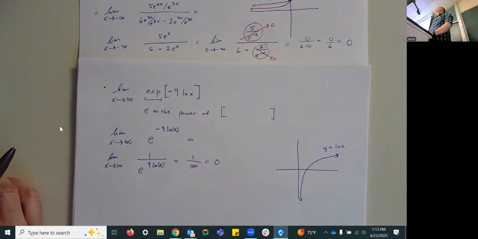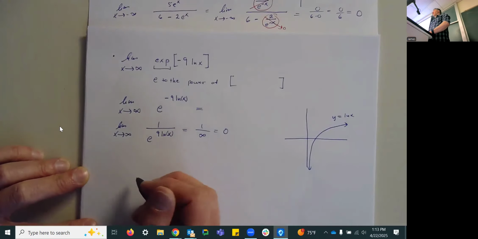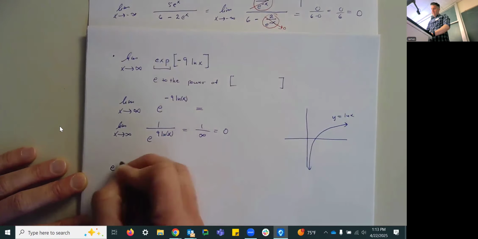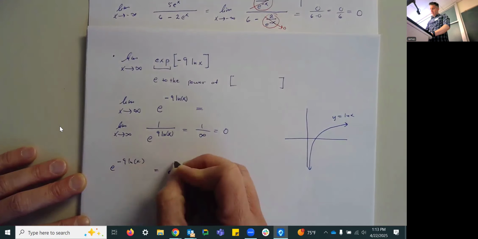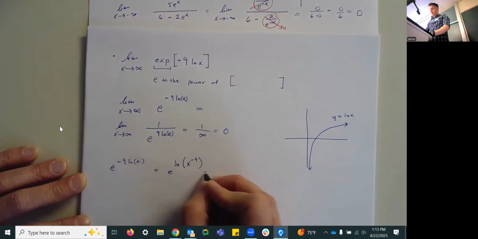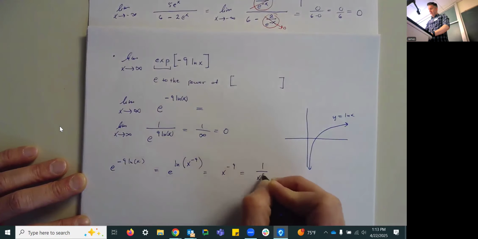Or you can do something completely different, which is going to make it hard to do the second part. But the other thing you could do is say, hey, I know how to simplify this. e to the -9 natural log of x is e to the natural log of x to the -9th. Or you can bring that -9 up as the power, and then that's going to be x to the -9th, or 1 over x to the 9th.